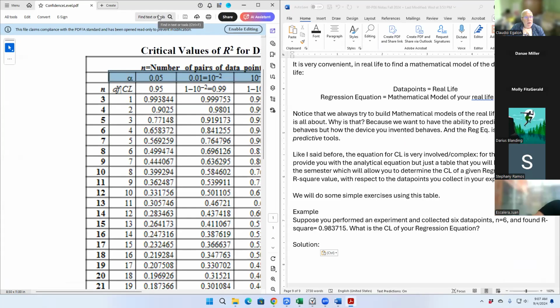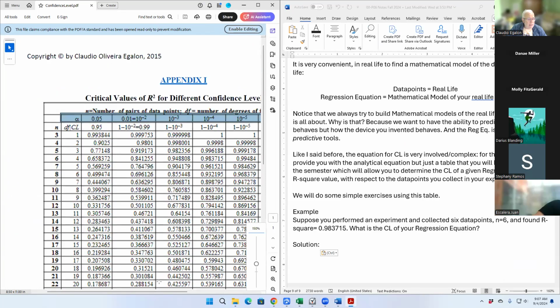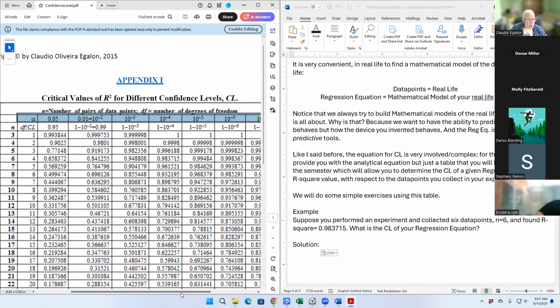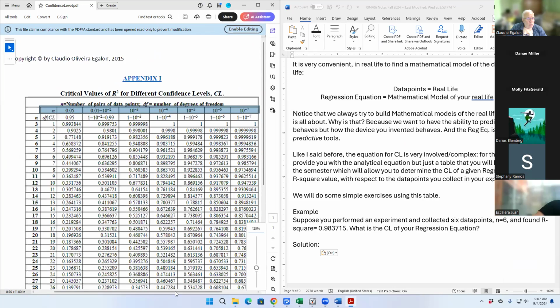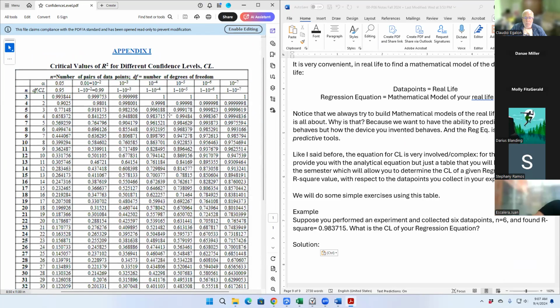Okay, so here you go. This is a simple example. It's not a real life example because you rarely will see a situation like that, but at least it will allow you to understand how to use this table, okay? So let's go. 6 data points is right in this row.